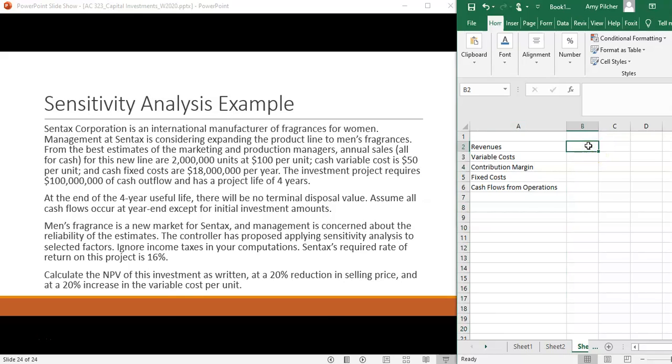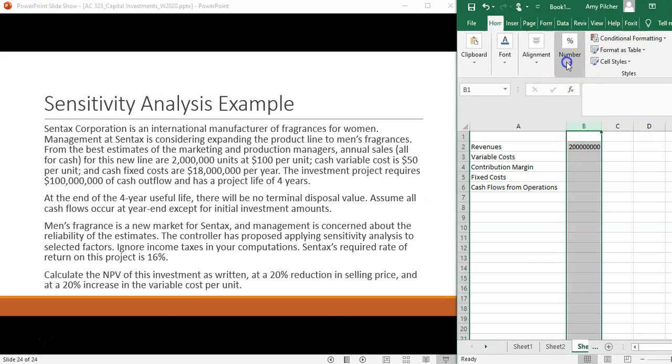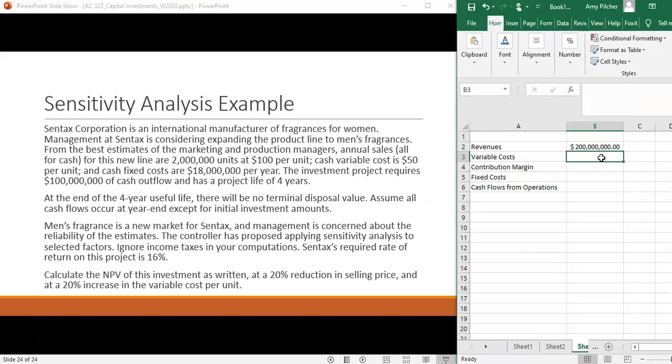So first, at its current value, we know that we're going to have 2 million units at $100 per unit. Our variable costs are 2 million units, $50 per unit.